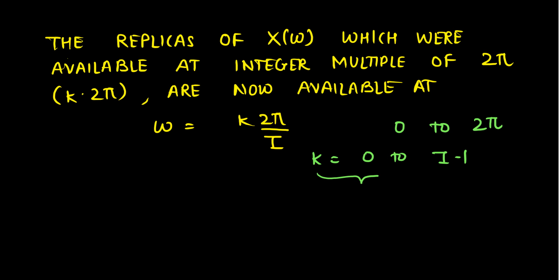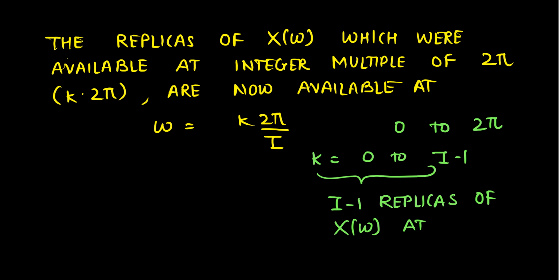So basically we have I replicas of X(omega) at k times 2 pi by I, that is at every integer multiple of 2 pi by I.